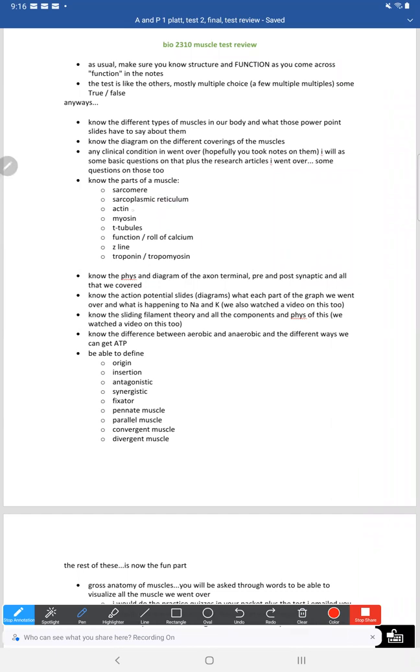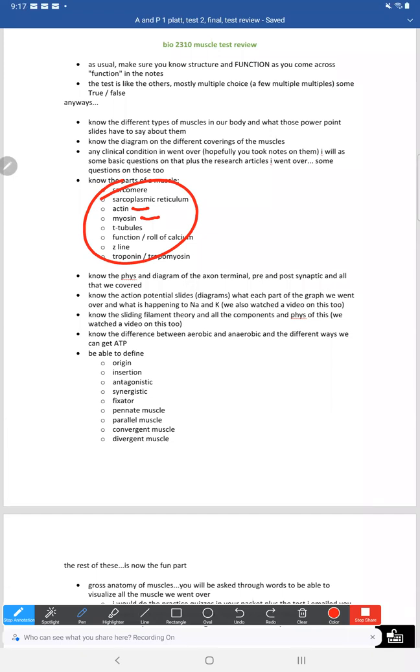Okay, the actin is the thin, the myosin is the thick filaments. Collectively, these are your myofilaments. So let's say you're reviewing this and you came across actin and you're like, you know what?